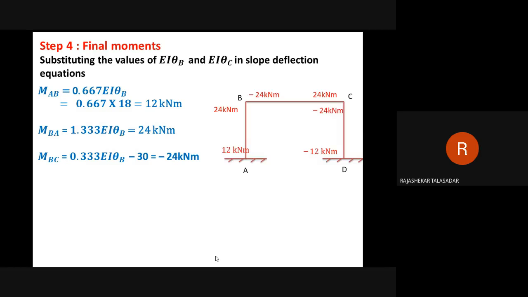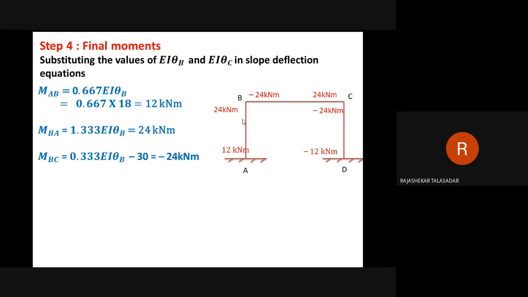Next, I will put here a portal frame. So I write down these three values first. MAB, this end moment, plus 12 kilonewton meter. MBA, what is the value of MBA? That is also plus 24 kilonewton meter. MBC, minus 24. Now I write the other three values separately.